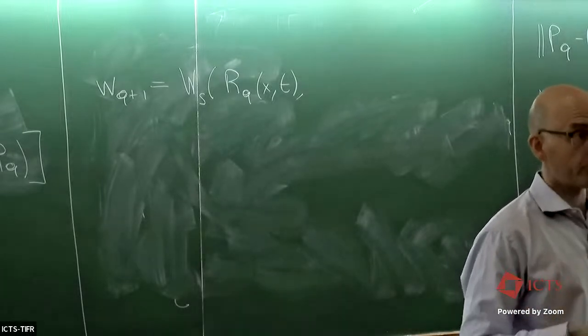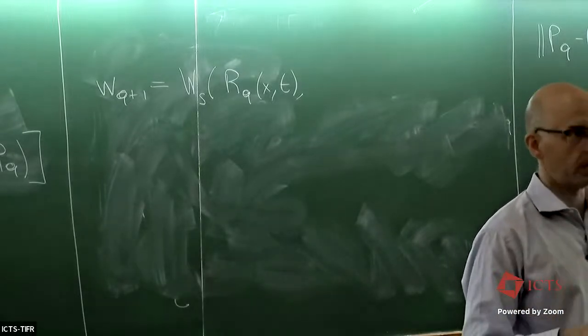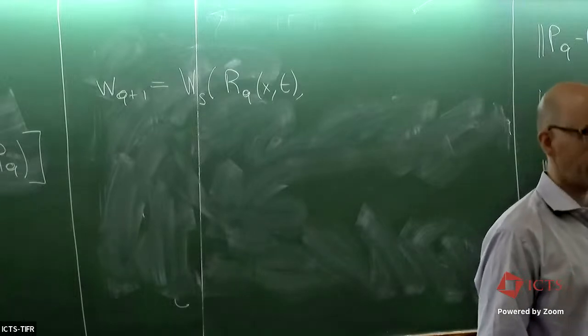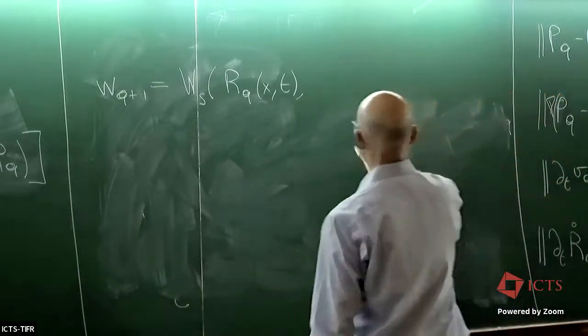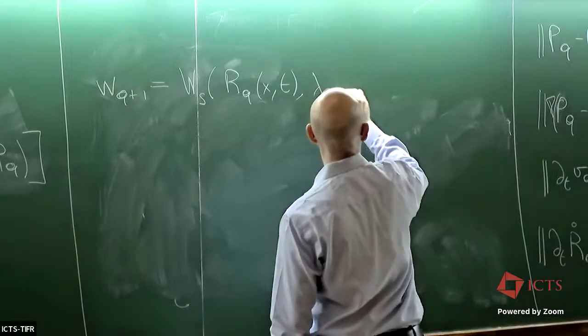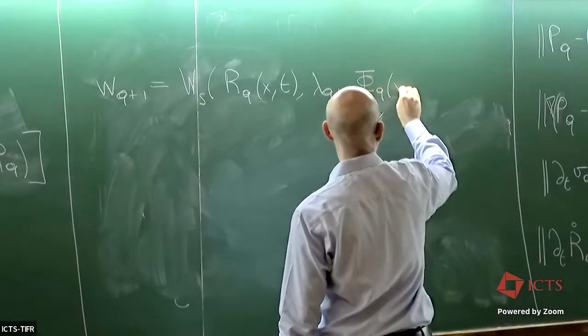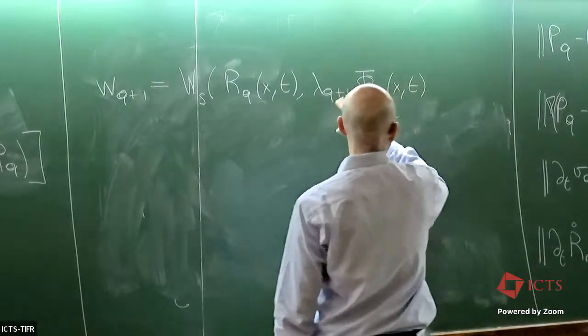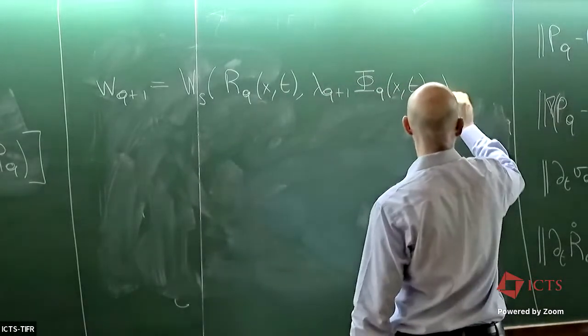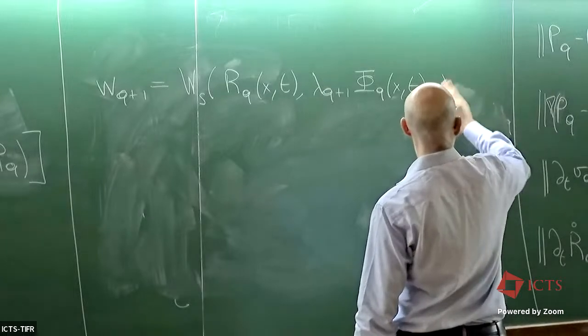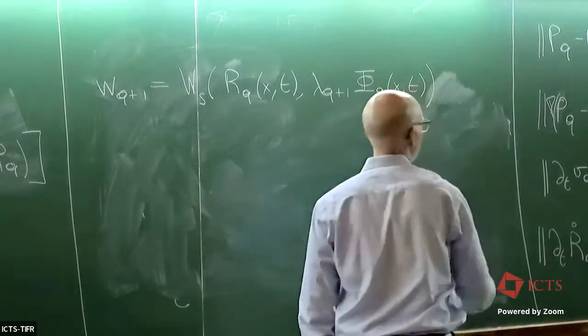You compose your initial data with the flow, right? And so here I have lambda_{q+1}, but instead of putting x, I will put the flow, right?